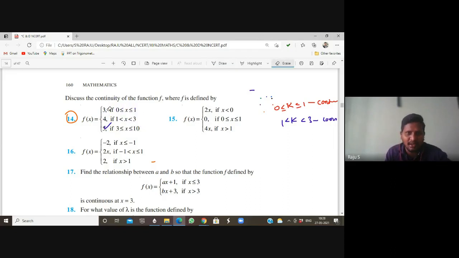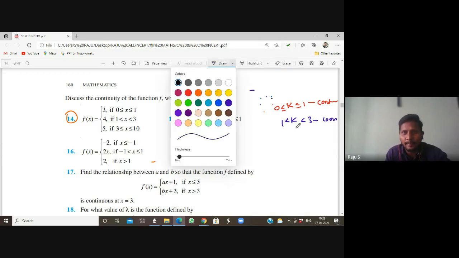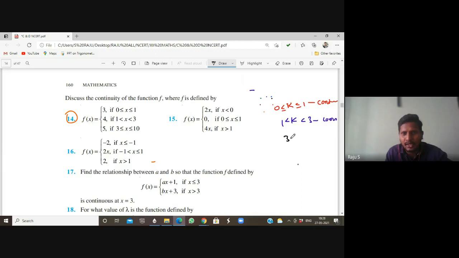Next I am going to write the remaining cases. 3 lesser than or equal to X lesser than or equal to 10, it is continuous. But at the particular point 1, not continuous, because left hand continuity is 3, right hand continuity is 4.